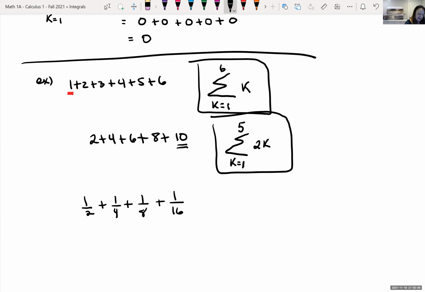Okay, what about this? This looks like 1/2 to the first power, 1/2 squared, 1/2 cubed, and 1/2 to the fourth. So this looks like the formula 1/2 raised to the k power, where our sum is starting at k equals 1 and ending when k is 4.